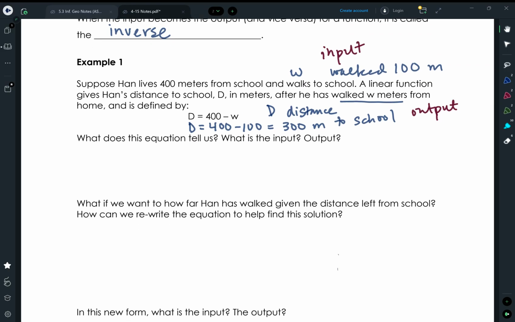Well, the equation tells us his distance to the school in meters. And then we're asked what is the input, what's the output? Well, our input, our variable, is W, and that's going to be the distance Han has walked in meters.